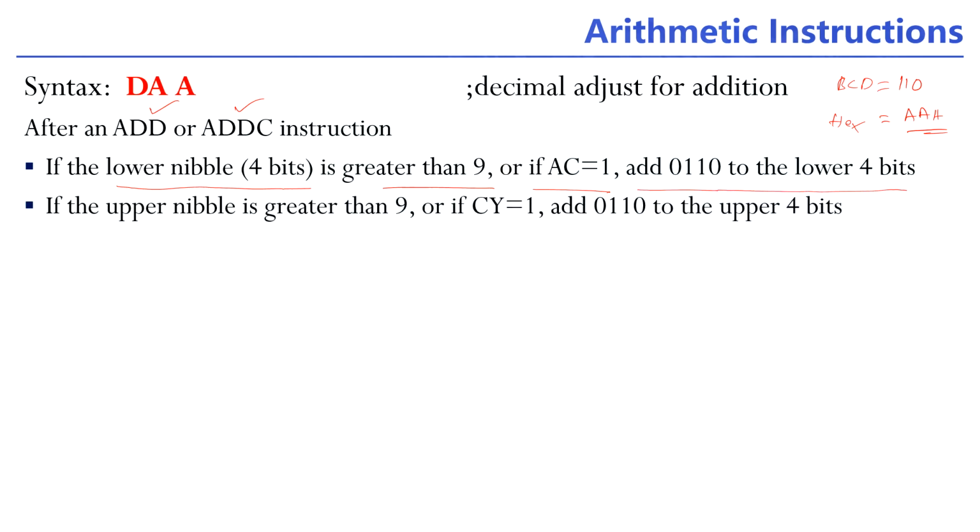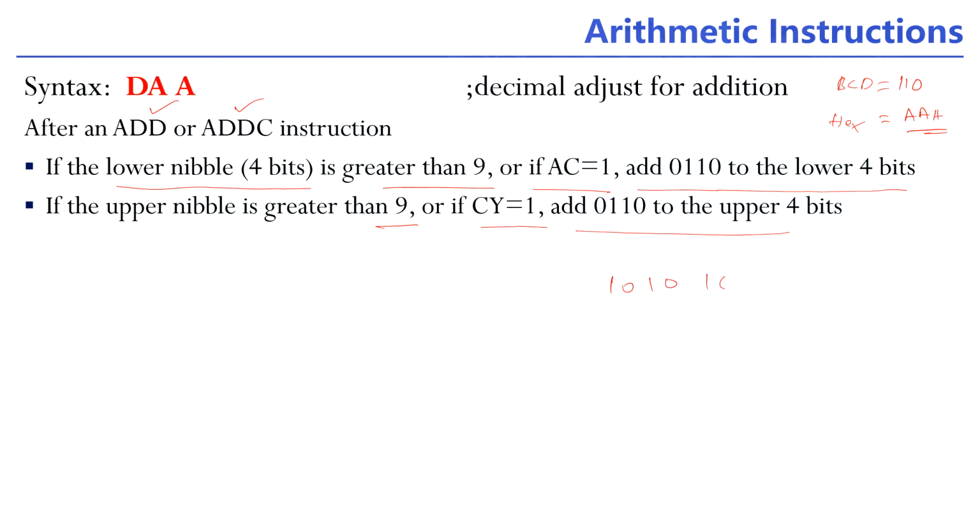And again, it also checks if the higher nibble is greater than 9 or carry flag is equal to 1. Then it will add 0110 to the upper nibble, upper 4 bits.